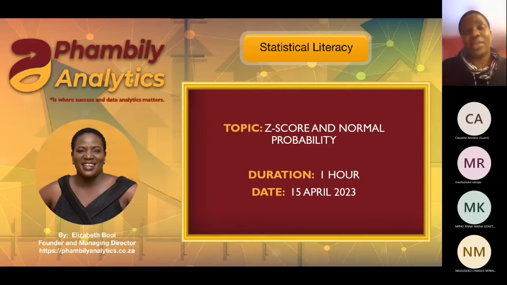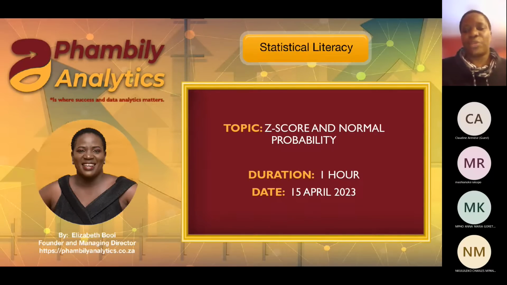If the tables are not given to you in your study guide, probably they are in your prescribed books, if you do have prescribed books. Otherwise, they should have given you a tutorial letter with the tables, because you will require those to look up the values for your normal probability or your normal distribution probabilities. And that's what we're going to go through today.